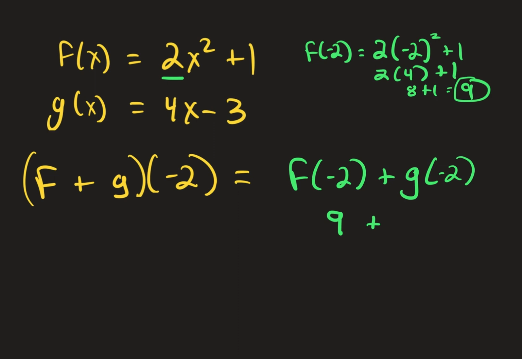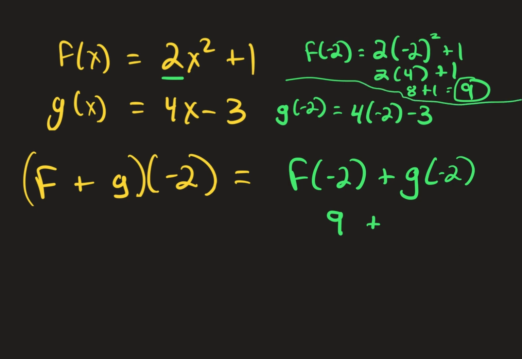Plus g of -2. I'm going to come over here and do g of -2. In my g function, anywhere I see an x, I'm going to put -2 inside of parentheses. Should have done it in a different color, but I didn't.